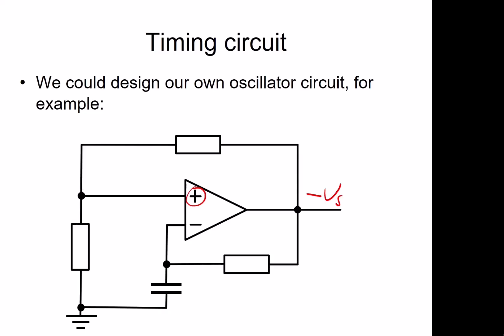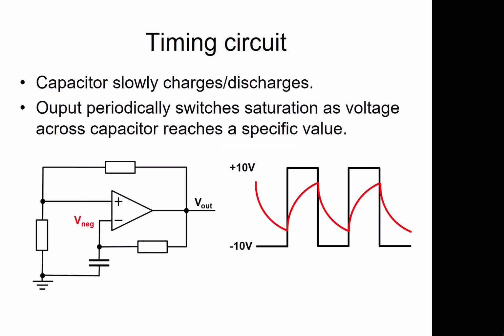So we will say if that is at minus 10 volts, then this resistor ratio is going to give us minus 7.5 volts at this point. So our output is currently at minus 10 volts, which is here.